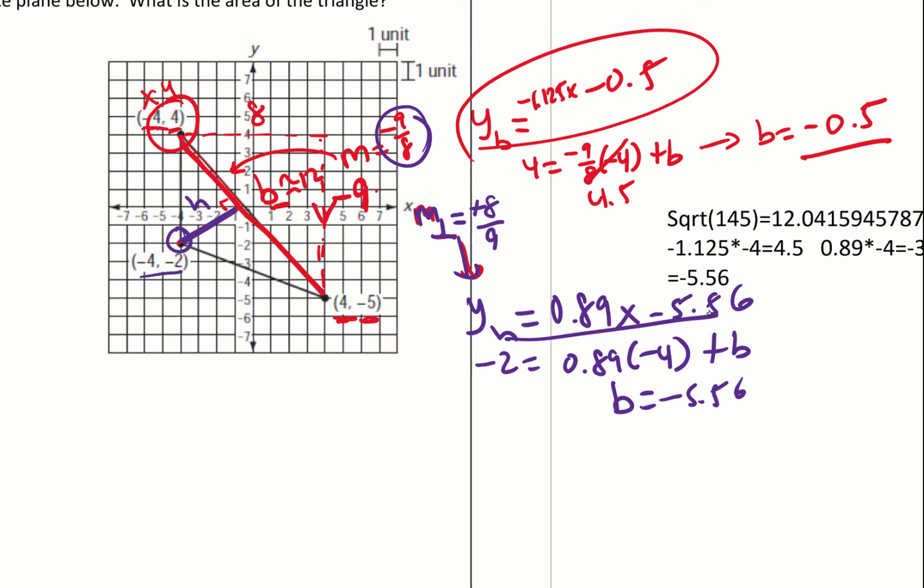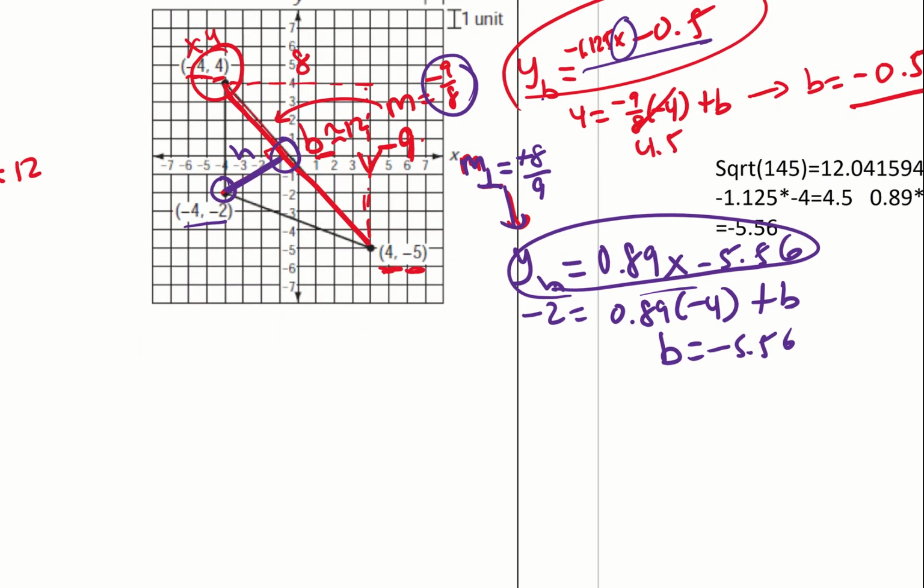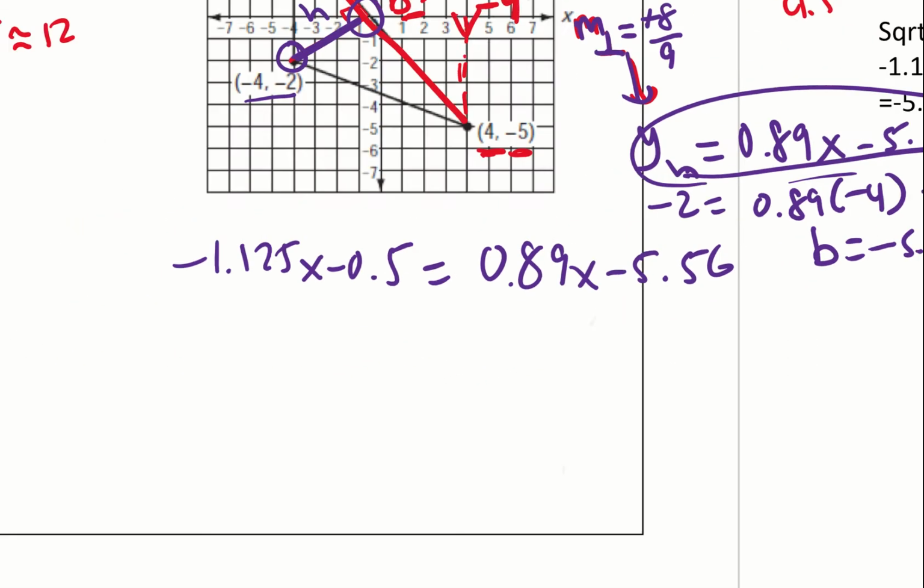Okay, so now that we know the equations, we can set them equal to each other. So YB is equal to YH. So set these two equations equal and solve for X to figure out where they intersect. So -1.125x minus 0.5 is equal to 0.89x minus 5.56. All right, so again, a lot of decimals to work with.